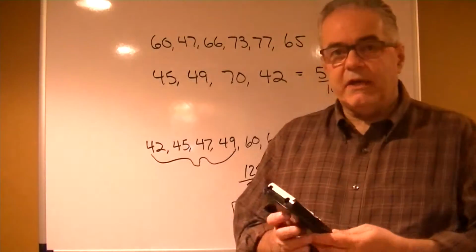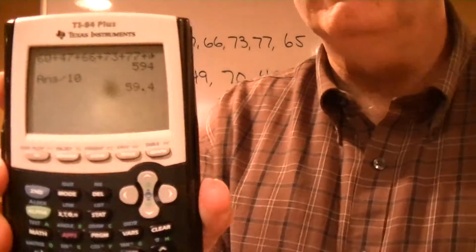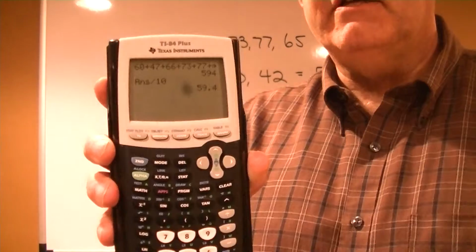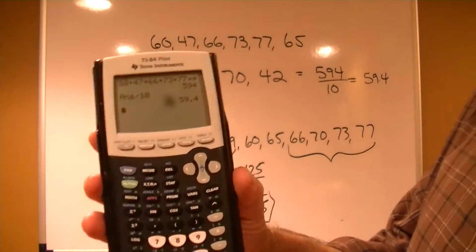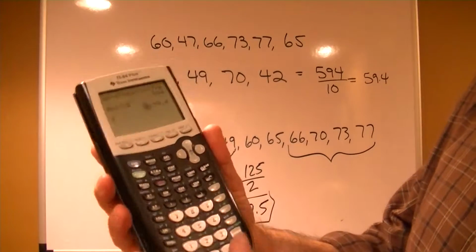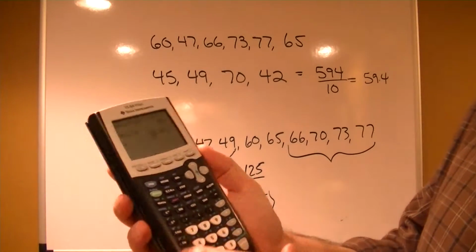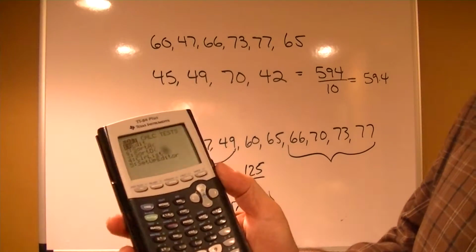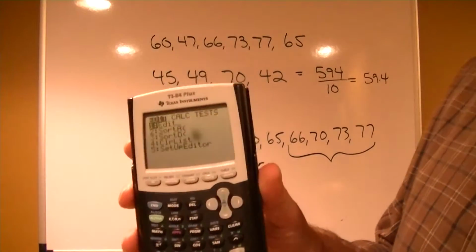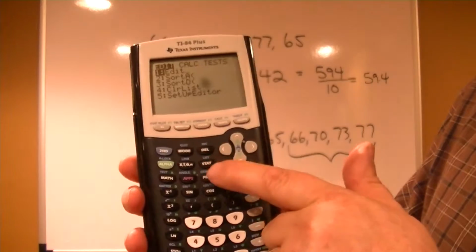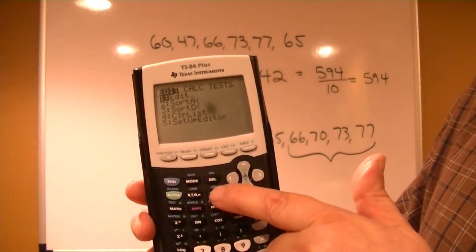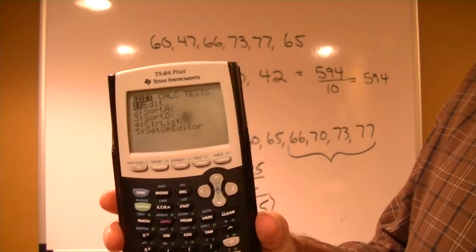If I'm doing this on the calculator, here's our calculator. Let's start with the stat key, and I've already put the values in, so I don't have to take the time doing that. Here's the stat key. I just push that, and this screen comes up.